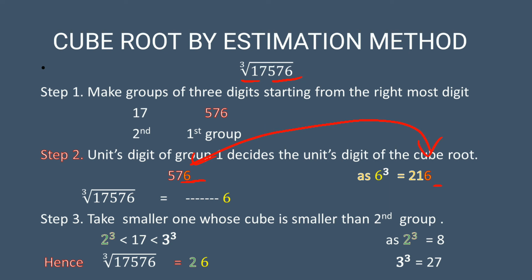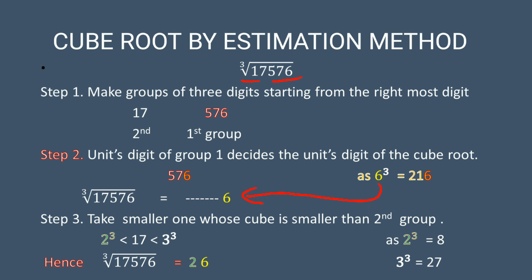Here in the cube of 6, the unit digit is also 6, as in the unit digit of the first group. So we will take the ones digit of our required cube root as 6.